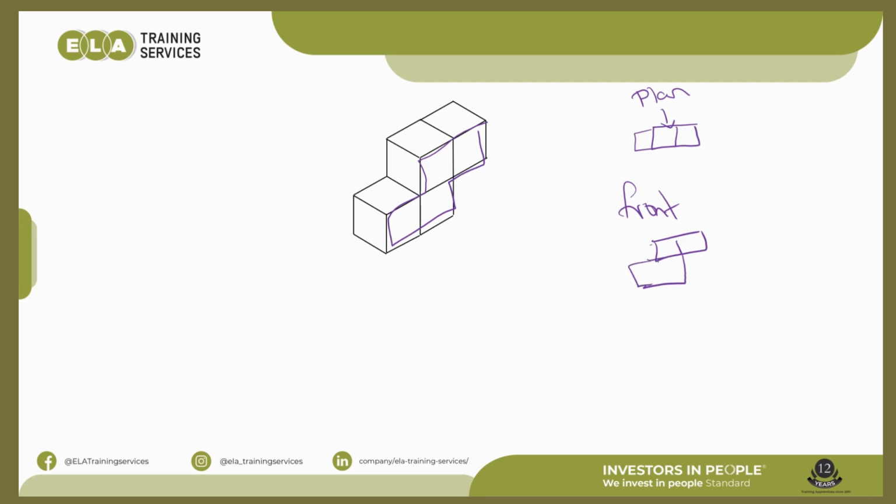Now the side elevation is where we would look at it here and here. Because essentially we're standing here looking at it, we can't see this piece. So what your side elevation would look like is just 1 square on top of another square.